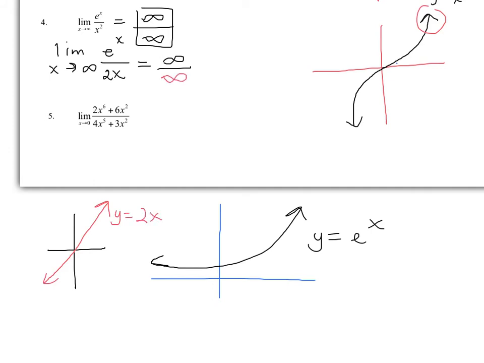So we'll take the derivative one more time. And by the way, you can only take the derivative a limited number of times, because in this next iteration of the derivative, we get e to the x over 2. So that's going to be infinity over 2, and that limit is just infinity.